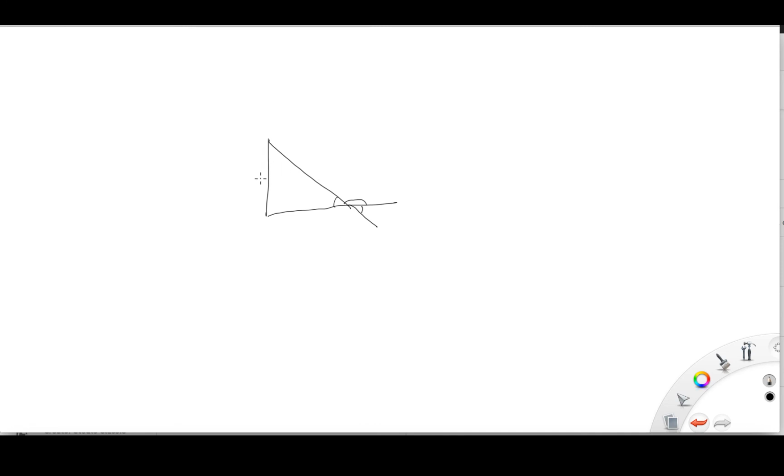And they give us 50 degrees up here, and they tell us that this is a right triangle, which means it's 90 degrees, and we don't know what that one is. In fact, they label that X, and then they label this Y and this Z, and they tell us to find X, Y, and Z. All right, not as hard as you think.